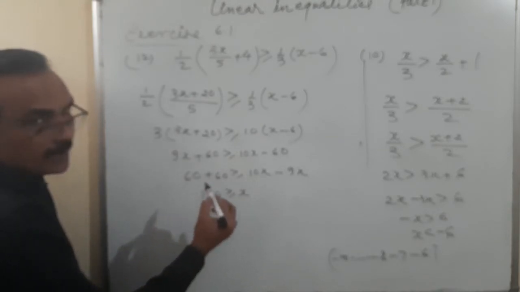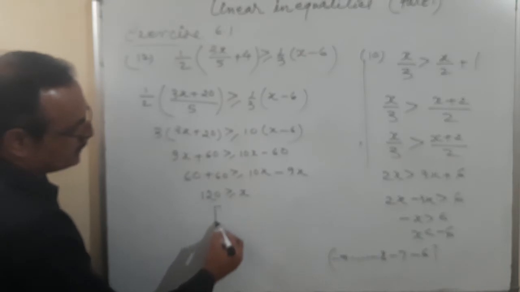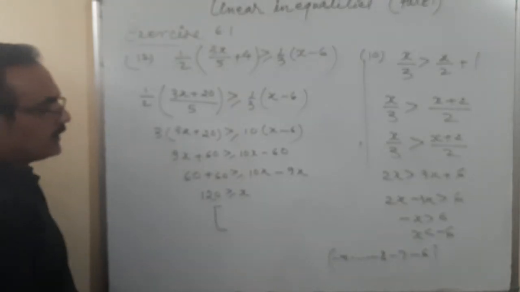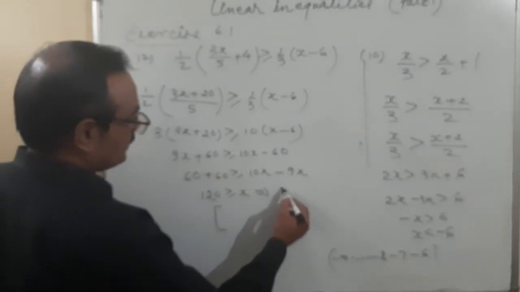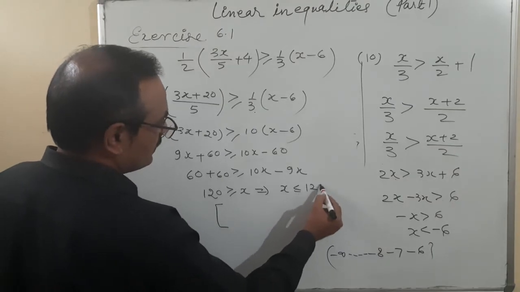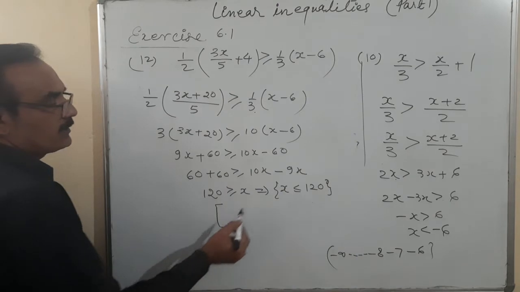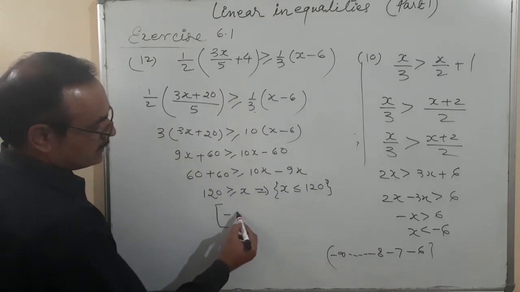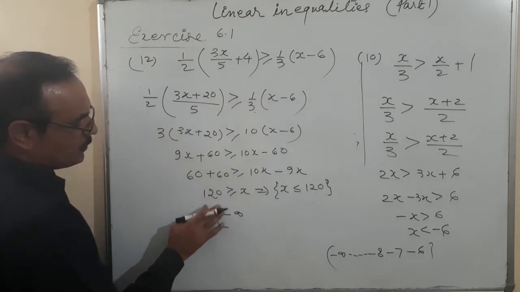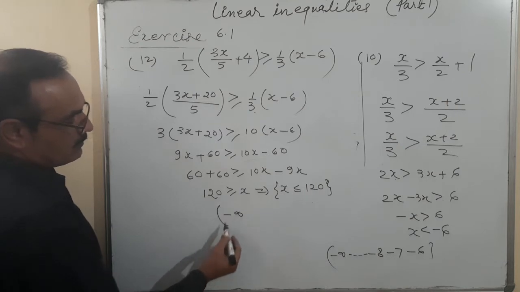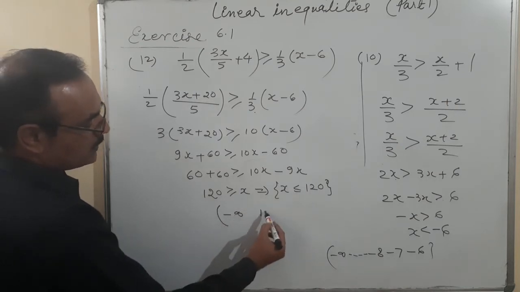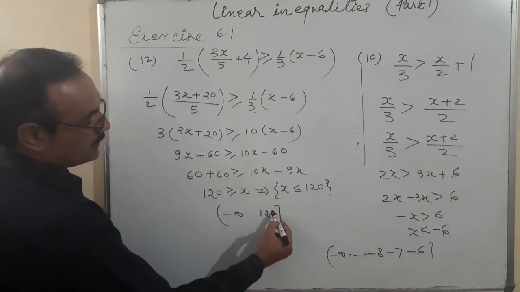So when we write it in interval form, how to write it? We write x is less than or equal to 120. Same thing. So I may write here minus infinite in an open interval, and 120 in a closed interval.